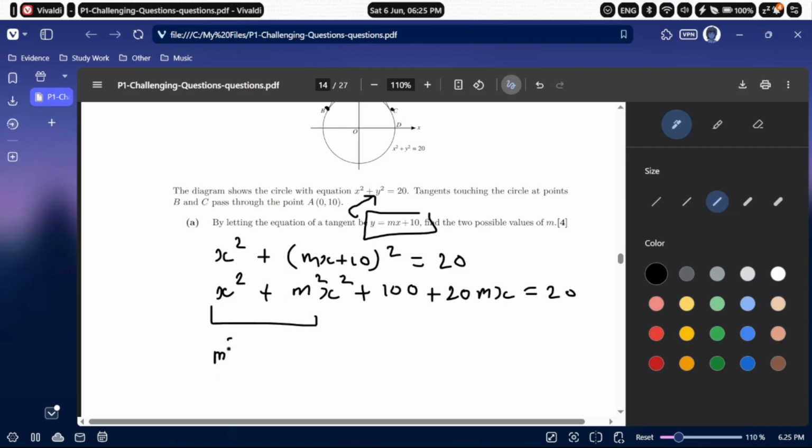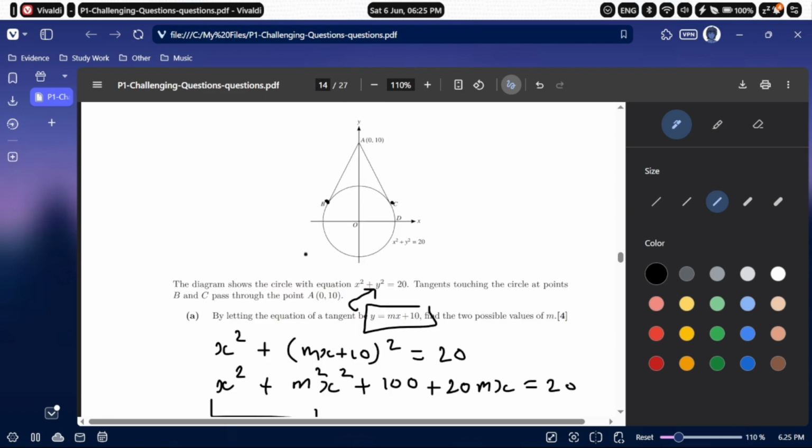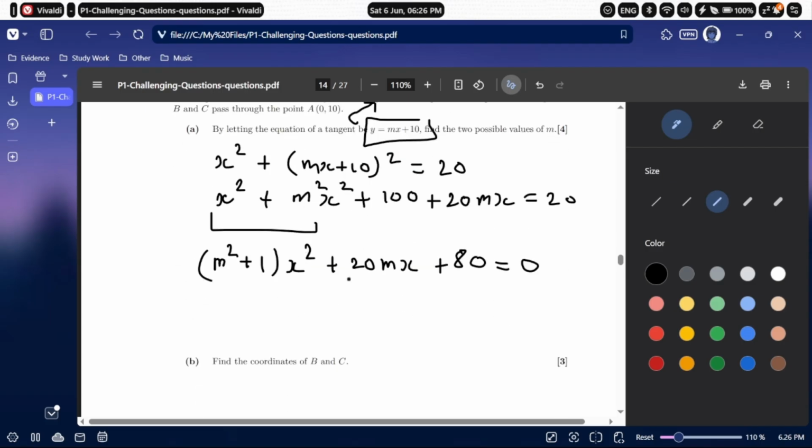So (m square plus 1) the whole x square, plus 20mx plus 80 is 0. And no matter what the tangent is, it basically intersects the circle only once. So the discriminant of your equation of the intersection is equal to 0 because there's only one intersection.